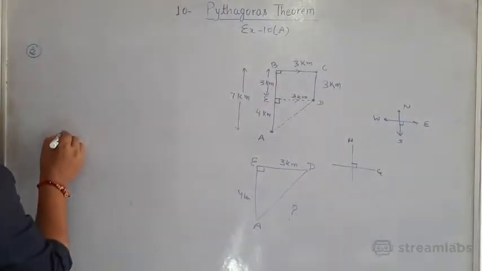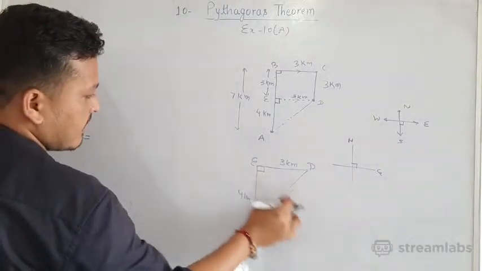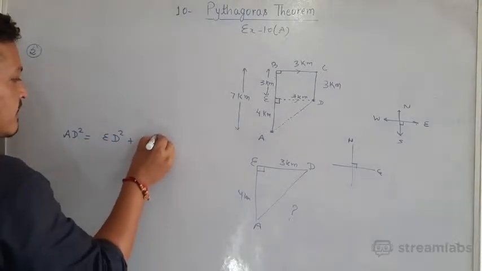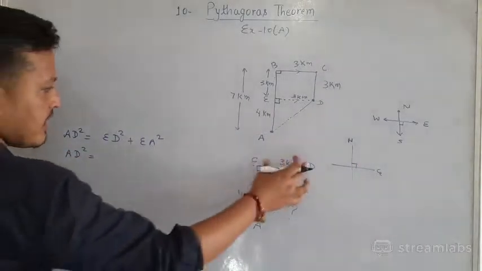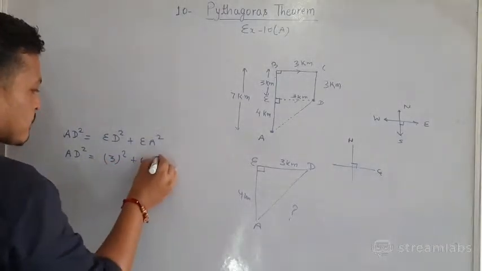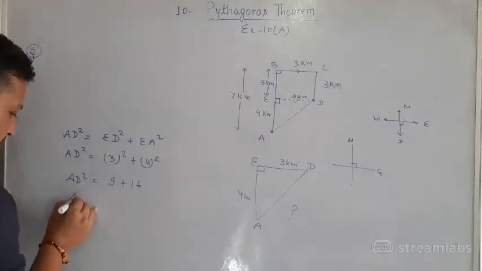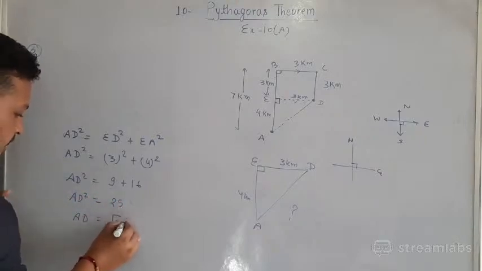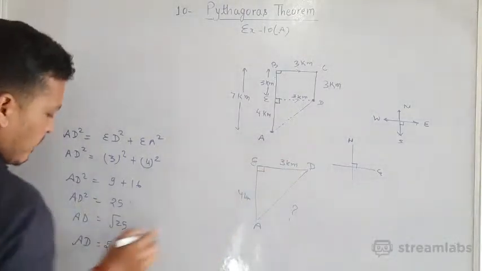So AD square is equal to ED square plus EA square, since this side is the hypotenuse, in front of 90. So what is the length of AD? We have to calculate it. AD square is equal to ED is 3 kilometer, so 3 square, plus EA is 4, so 4 square. So AD square is equal to 9 plus 16, AD square is equal to 25. So AD is equal to root 25. Finally AD is equal to 5, and the unit is kilometer.